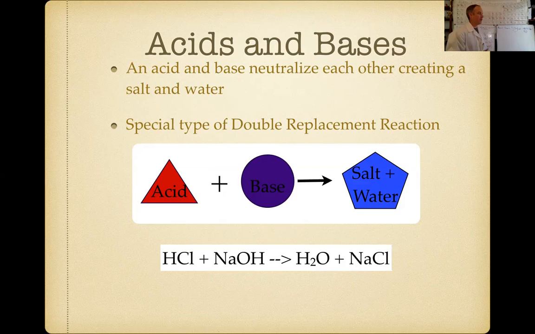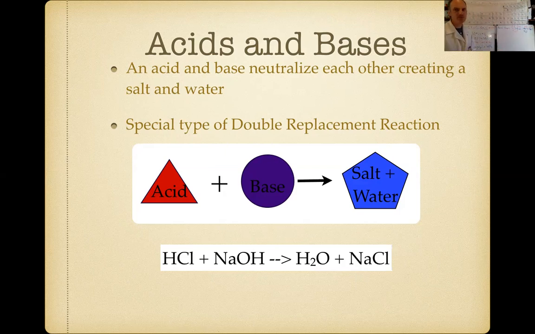NaCl is actual salt, right? So table salt. So you end up with salt and water with the acid-base reaction. So you have an acid, HCl is our acid, you have a base. After the reaction, you end up with water and salt.